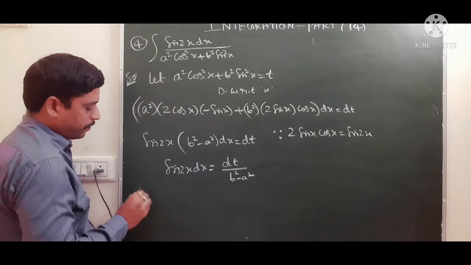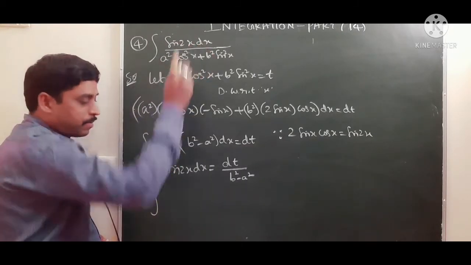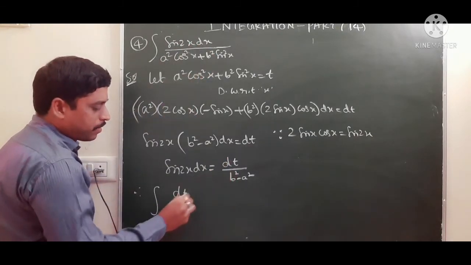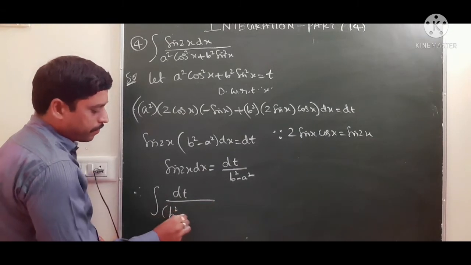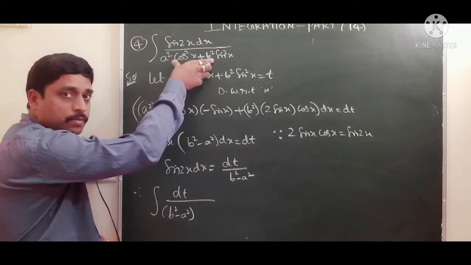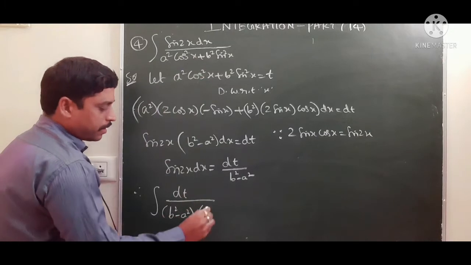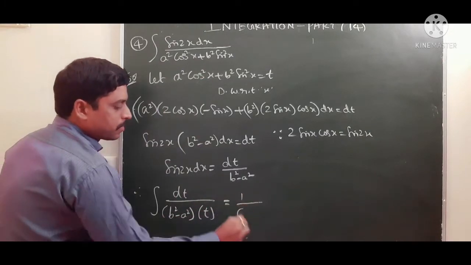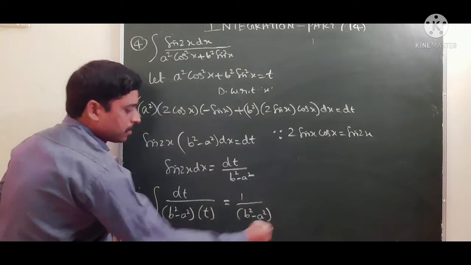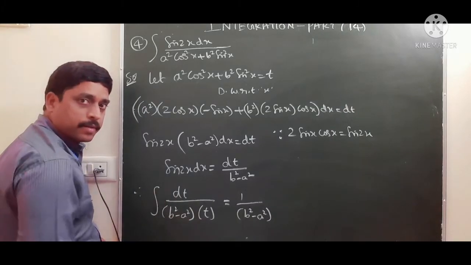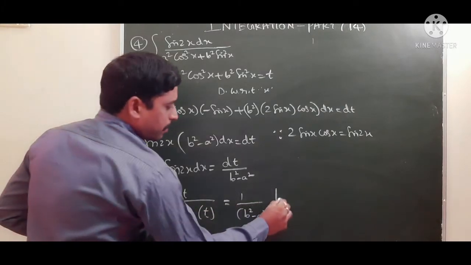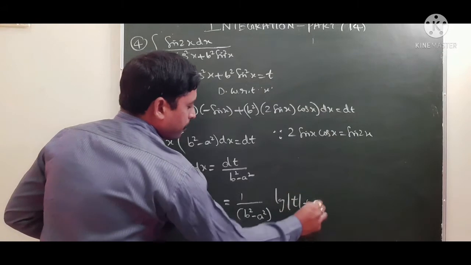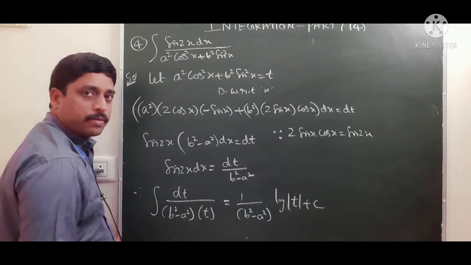Integral sin 2x dx, in place of this expression we should write dt by b square minus a square. In place of the total denominator, write t. 1 by b square minus a square is constant. Okay, integral dt by t is going to be log t. Why?